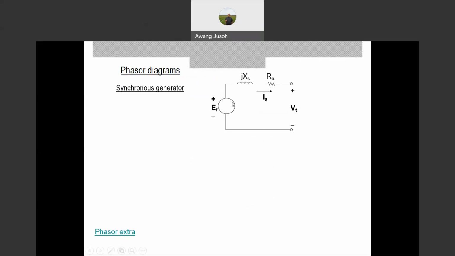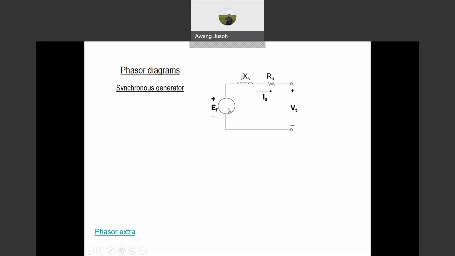That's why this synchronous generator is also one of the things you can focus on in your test and exam, because the circuit diagram is much simpler than the induction motor: source, impedance, that's it. Then it depends what kind of load it drives and so on. You need to see the example later on to see what you have to do.